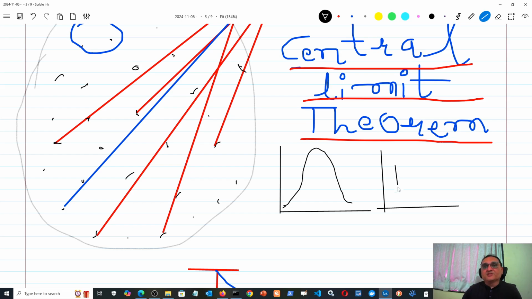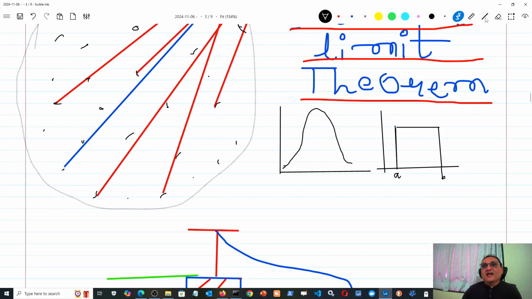say, uniform distribution. We have done data distributions, so we know that this kind of distribution between two constants A and B is called uniform distribution, right? So this is A and this is B. Or it may be exponential distribution. So in that case, your population might be following this kind of distribution.